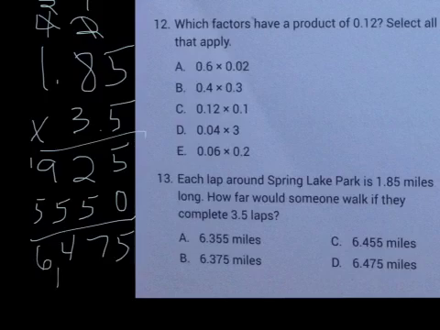It's going to be 6,475 miles, which is D. And we'll work our decimal in 3 places over, so that should be a decimal. There you go. Alright, so let's go to number 14.